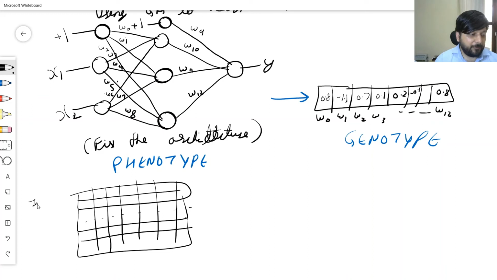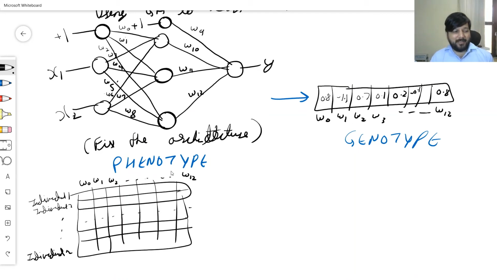So that's individual 1, individual 2, and so on, individual n. And this is weight 0, weight 1, weight 2, all the way up to weight 12. So the first thing that I need to do is calculate the fitness value of any individual. So let's do it.